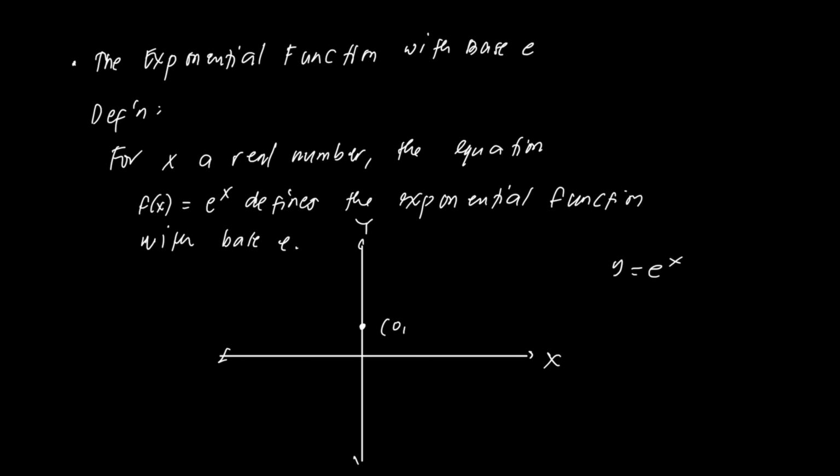It still passes through 0, 1, because when x is 0, e to the 0 is just equal to 1. So still almost the same with the other logarithmic functions. This is y is equal to e to the x, and this one here is y is equal to e to the negative x.